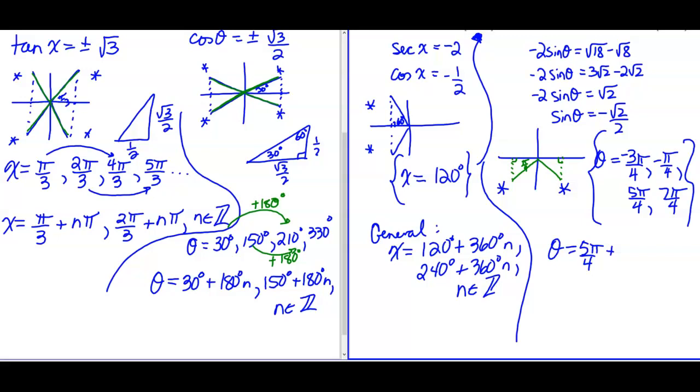Okay, so that's going to be plus 2n pi, or 2 pi n. Then this one, remember, is 7 pi over 4 plus 2n pi. And then n is an integer. You can put those in squiggly brackets as well.